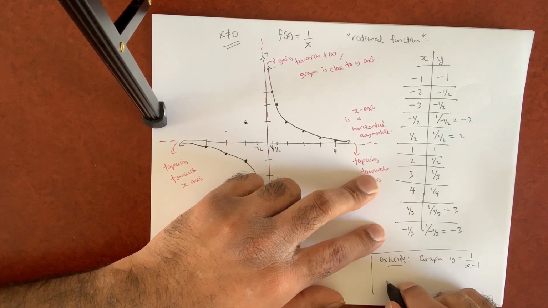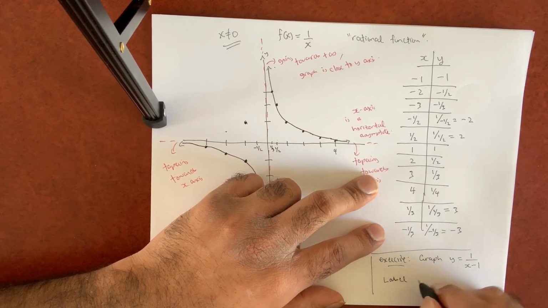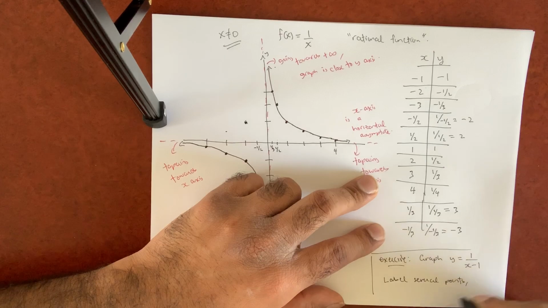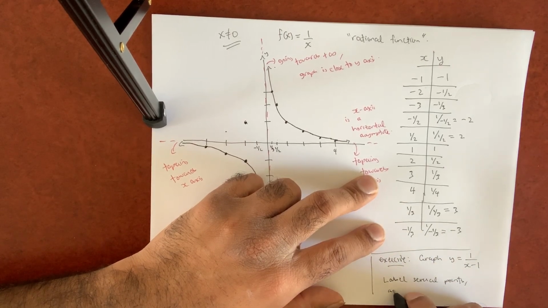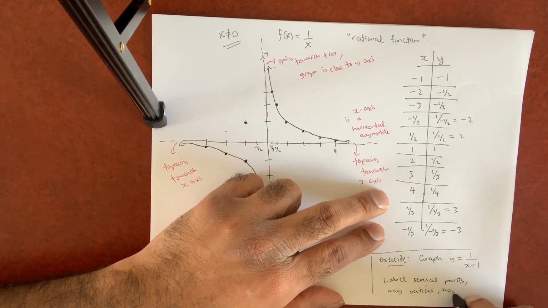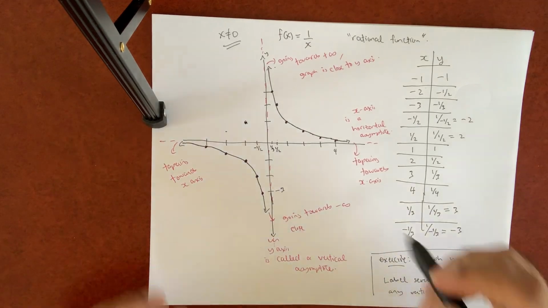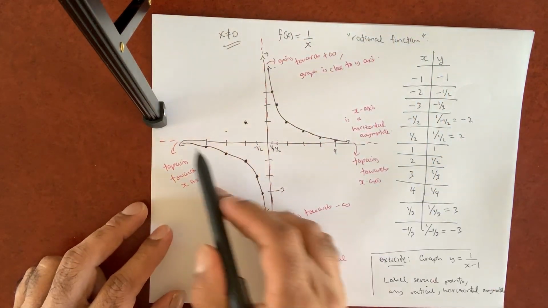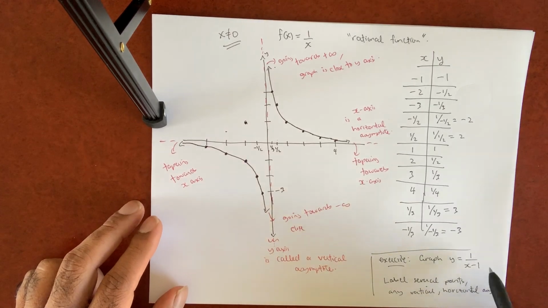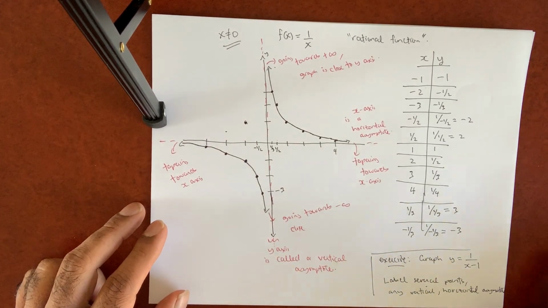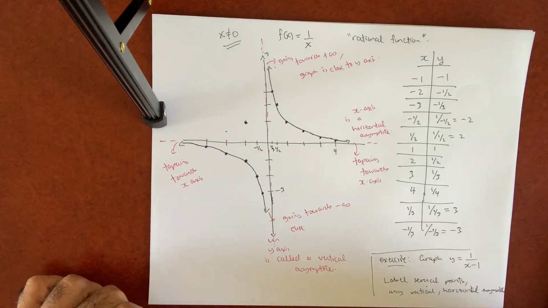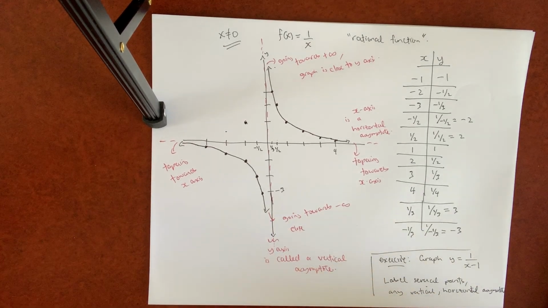You want to label at least several points, and in a similar way, you're going to get a vertical and a horizontal asymptote. Just like here, the vertical asymptote was the y-axis, the horizontal was the x-axis. In a similar way, you'll get asymptotes here. Go ahead and label that, and we'll start off the next video with that exercise.